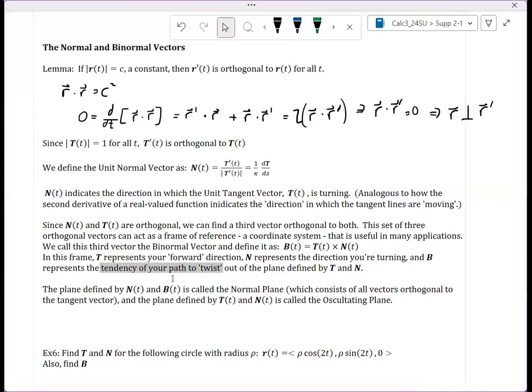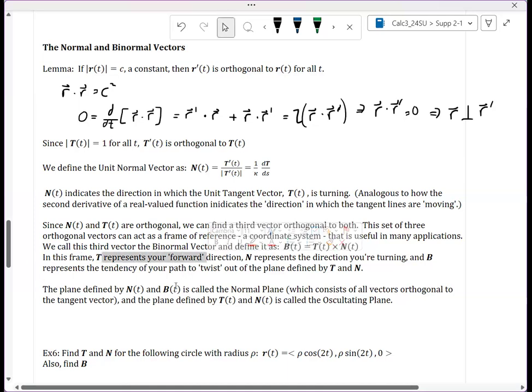So we'll see that it's related to an idea called torsion near the end of the lecture. So again, T represents our forward direction, our instantaneous motion. N represents the direction we're turning, and then B, our tendency to twist out of that plane defined by T and N.